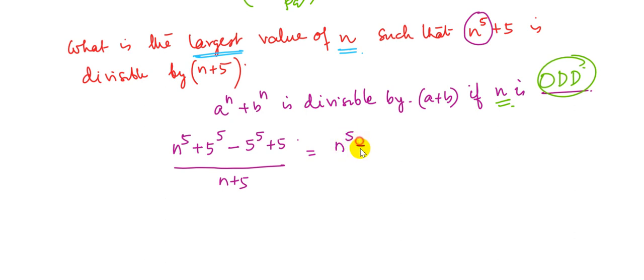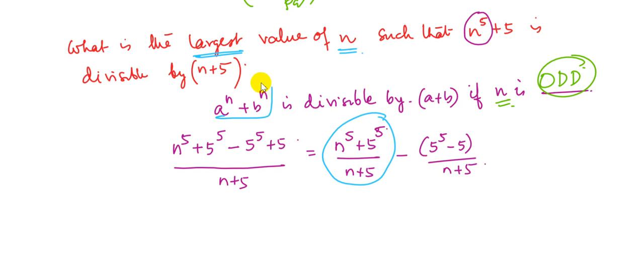N to the power 5 plus 5 to the power 5 by n plus 5, minus 5 to the power 5 minus 5 by n plus 5. Now this first part is of this form where n is odd, so n to the power 5 plus 5 to the power 5 will be divisible by n plus 5. So this will give me an integer.